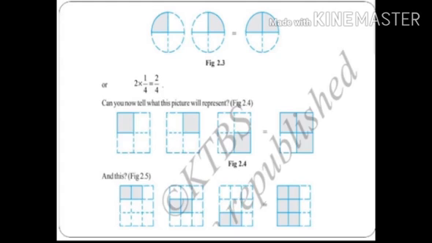Look at it. First one is 1 by 2. The second one is 1 by 2. Just multiply it. 1 by 2 into 1 by 2 is equal to 2 by 2. Is it 1 by 2? Is it 1 by 2? No. It is only 1 by 4.